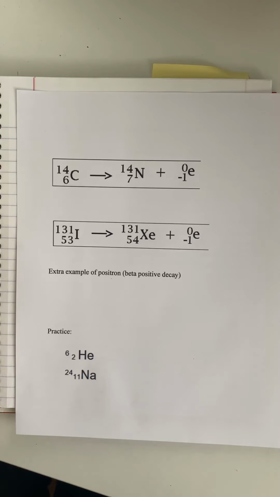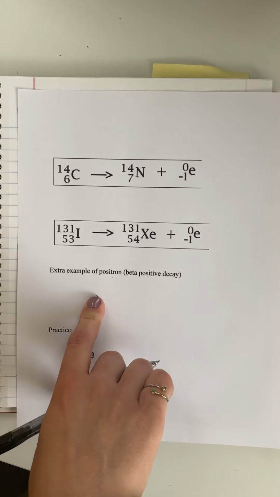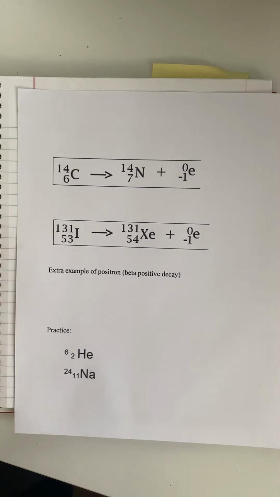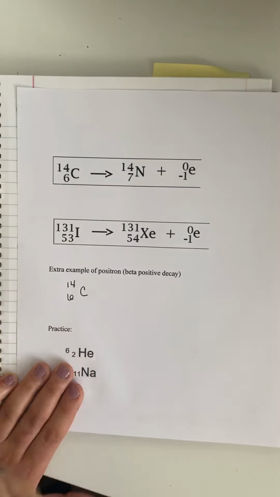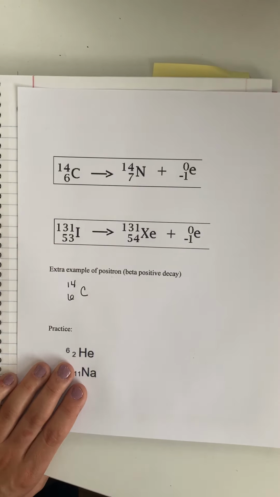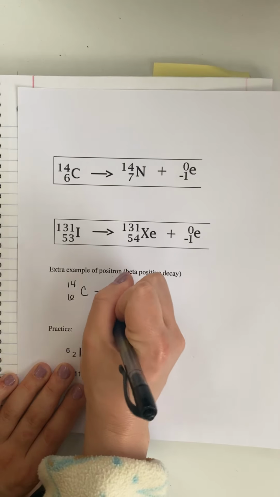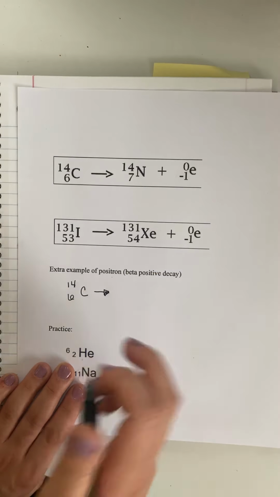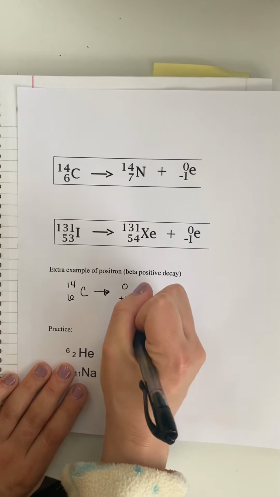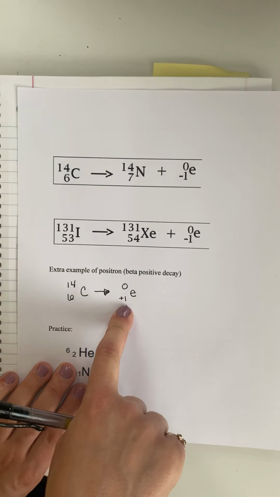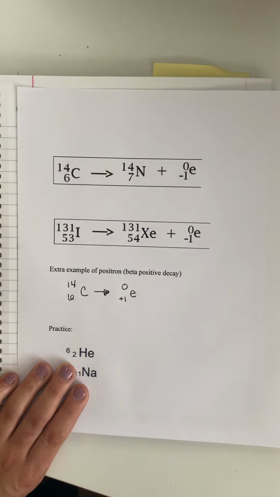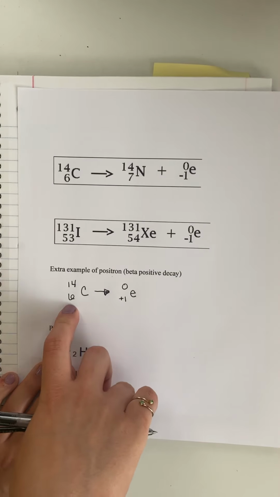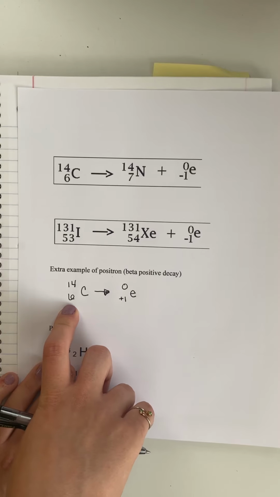I'm going to provide you a positron example just so that you guys know. I'm not going to ask you any of these questions. Let's just take carbon again. So let's say it goes through beta positive decay. Well, I know that I emit a positron, so that's an anti-electron, so I'm just going to signify that with a +1 as opposed to a -1. And in this case, I lose a proton because my proton turns into a neutron.